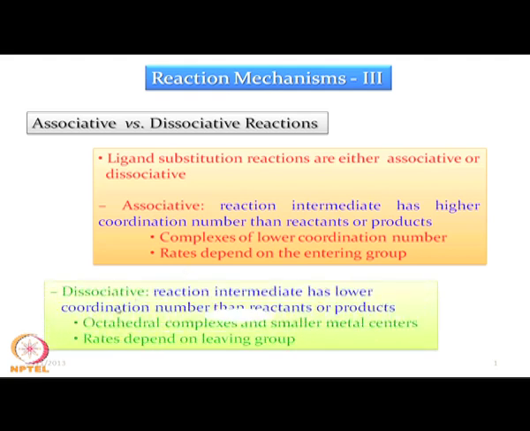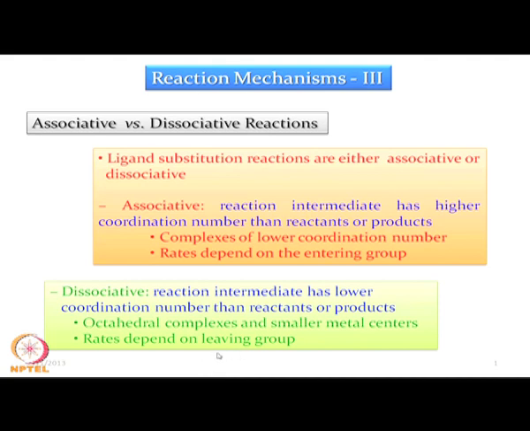Similarly, when we go for the corresponding dissociative reaction, the reaction intermediate has lower coordination number than reactants or products. It is typically opposite to that of the associative reaction, and octahedral complexes can give rise to the dissociative reaction, and smaller metal centers, that means metal centers having less coordination number compared to octahedral also, and in this case the rate of the reaction is dependent on the leaving group.